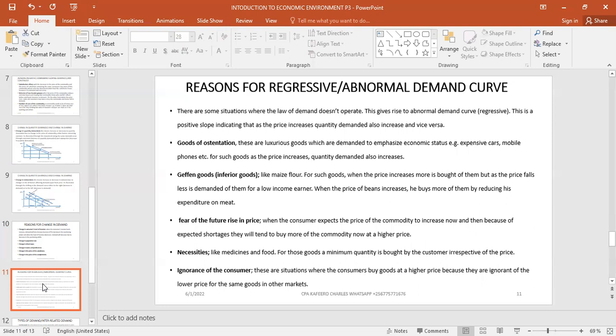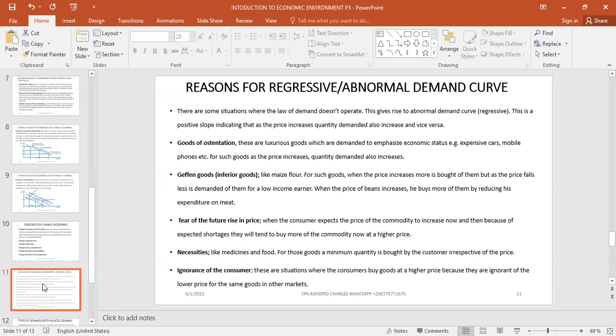There are some reasons why the law of demand will be violated, and this abnormal demand, actually it is applicable. The other thing is you can talk about them in terms of applicability. If we talk about the reasons for the abnormal demand curve, it is the same way we talk about the applicability of the abnormal demand curve. We say the abnormal demand curve is the demand curve which violates the law of demand.